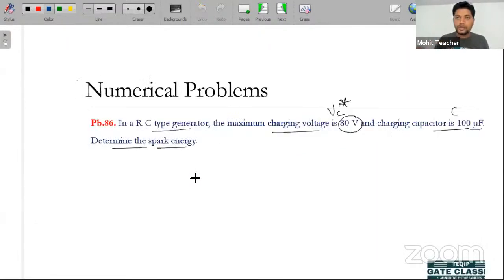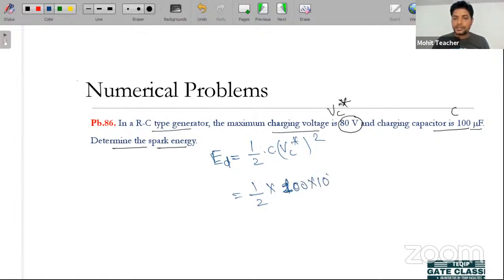So use this value: ed, the energy required to dissipate during the discharging, or the sparking energy, equals 1 by 2 C into VC star square. So this is 1 by 2 into C, C is the capacitor, which is 100, not 200, 100 into 10 raised to power minus 6 into VC star square. VC star is how much?